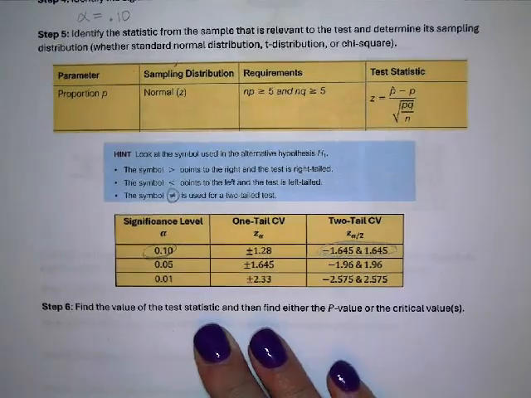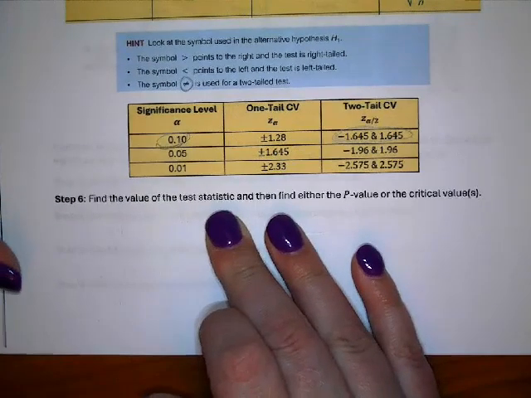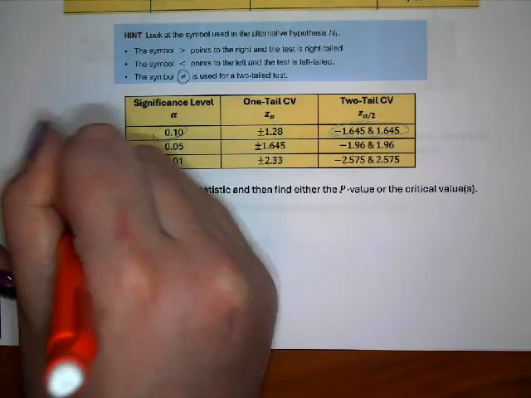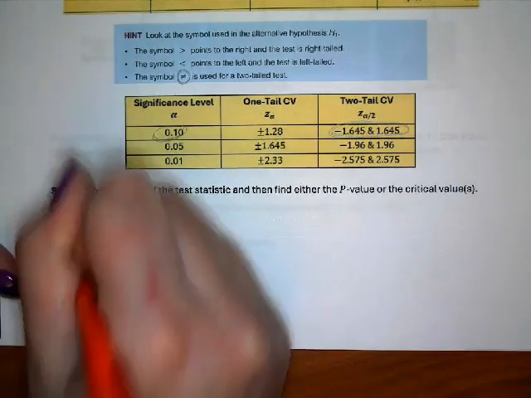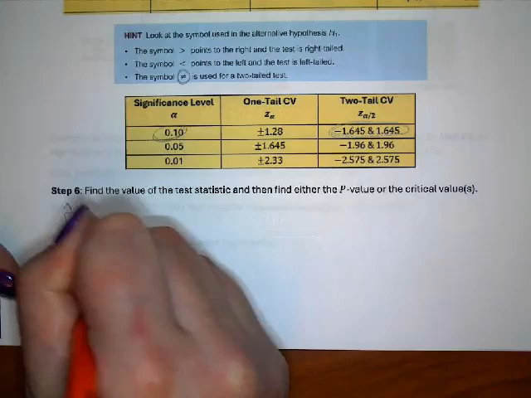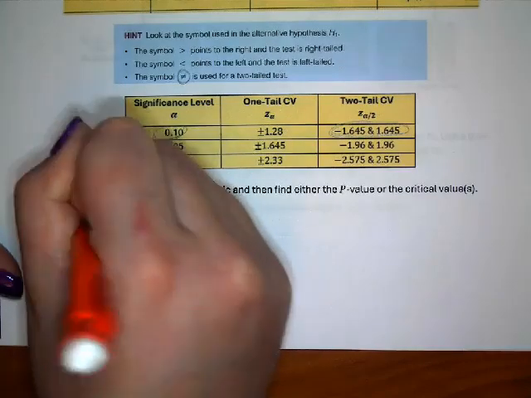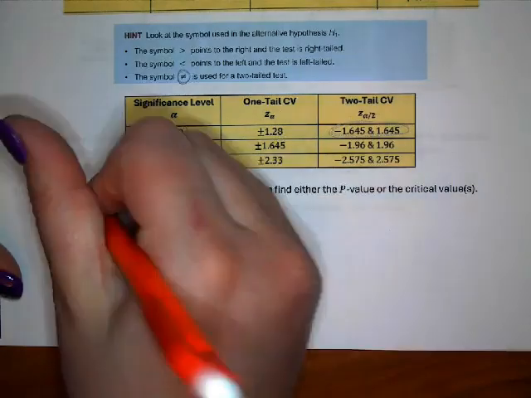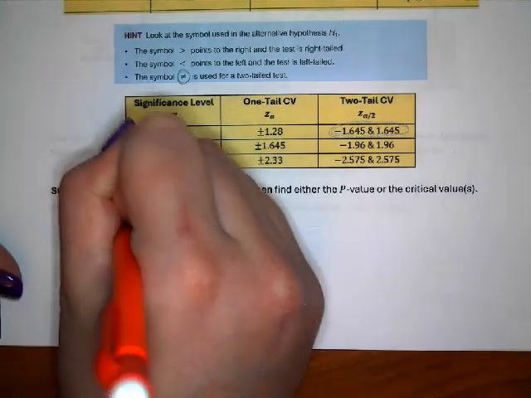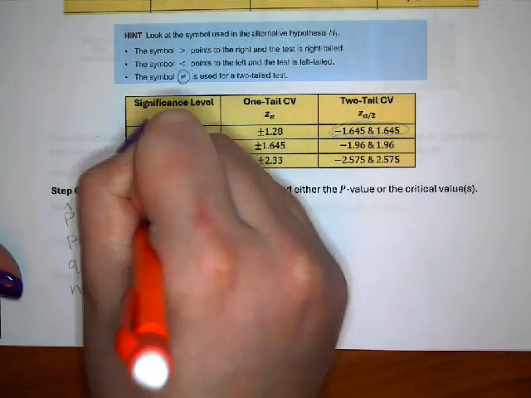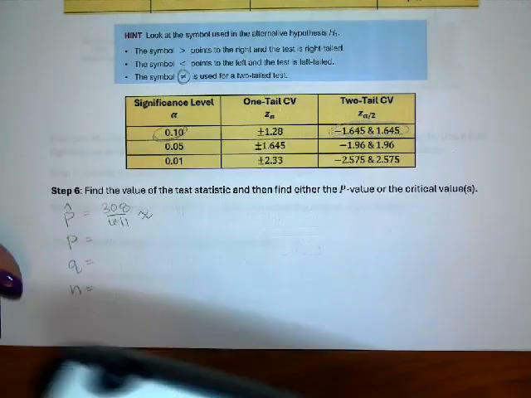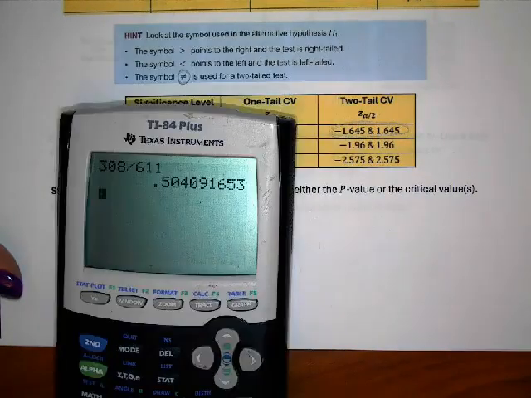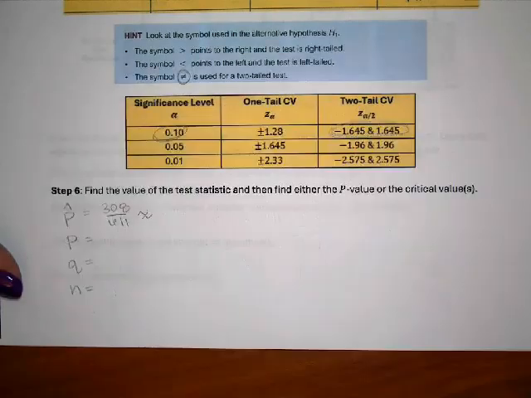Okay, on to step 6, we're going to find the value of the test statistic. So I'm going to write down each of the values that we will need to compute that. I have p hat, which is the sample statistic, 308 out of 611, which is 0.5041.